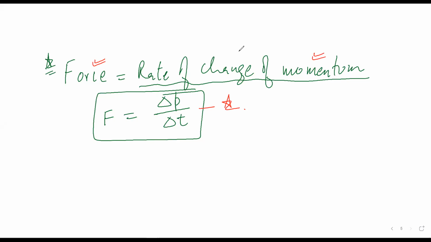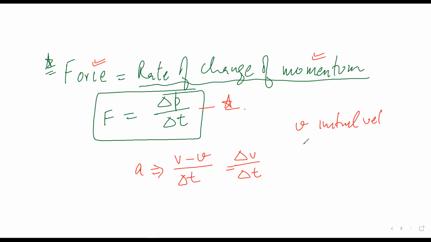One definition that we will require before we do that is that acceleration is rate of change of velocity. Are we aware of this? Okay. Now we understand that u is initial velocity, v is final velocity.